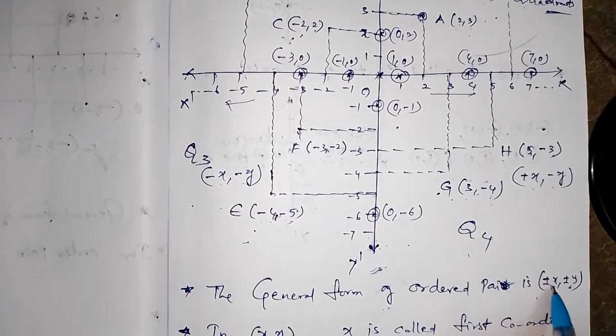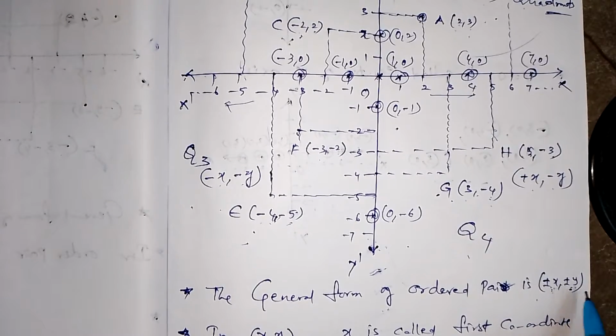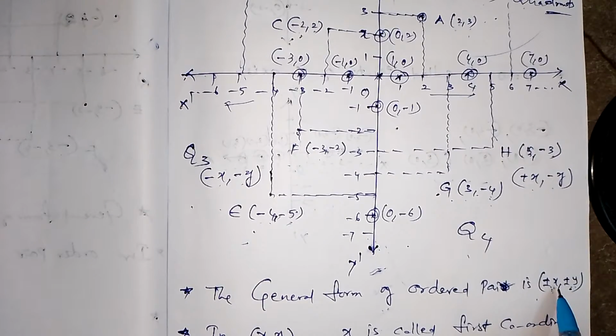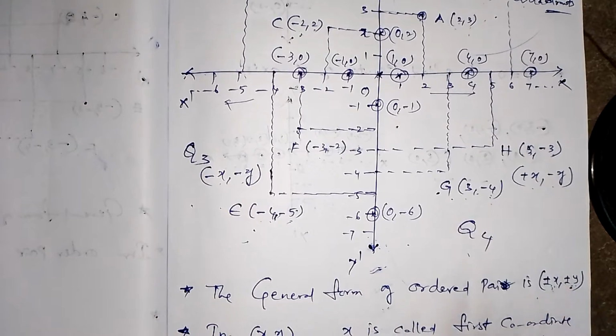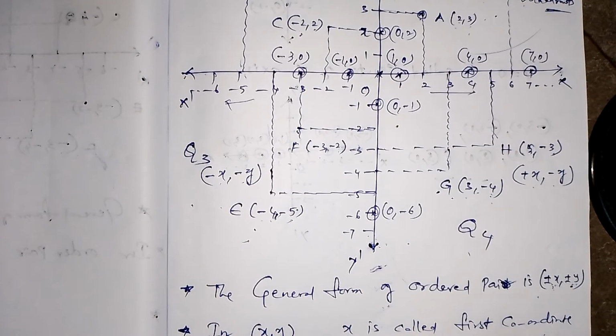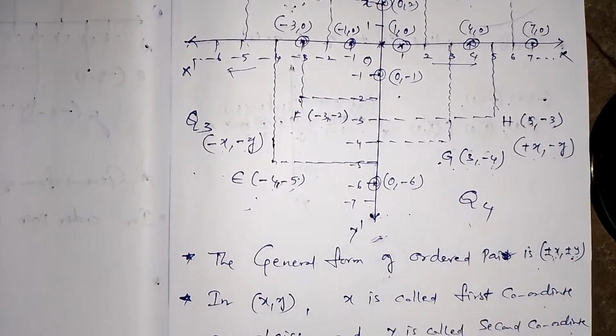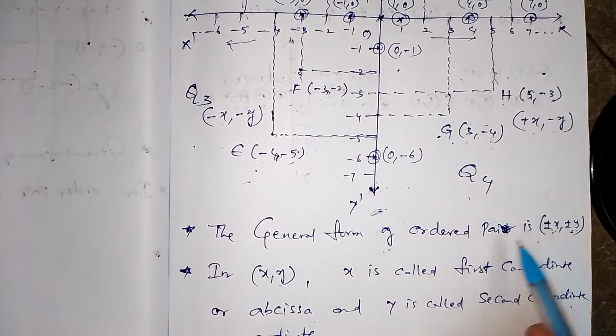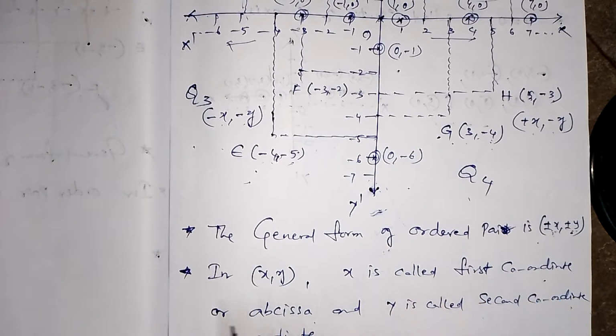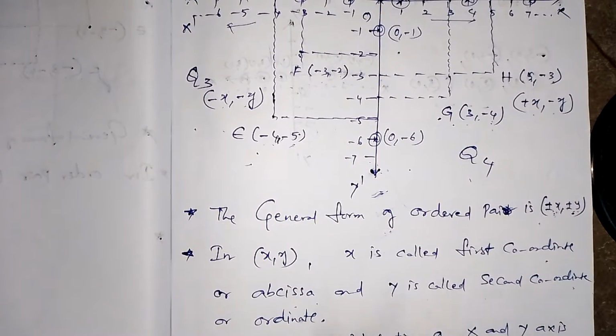The values can be either positive or negative. In the ordered pair (x, y), x is called the first coordinate or abscissa, and y is called the second coordinate or ordinate.